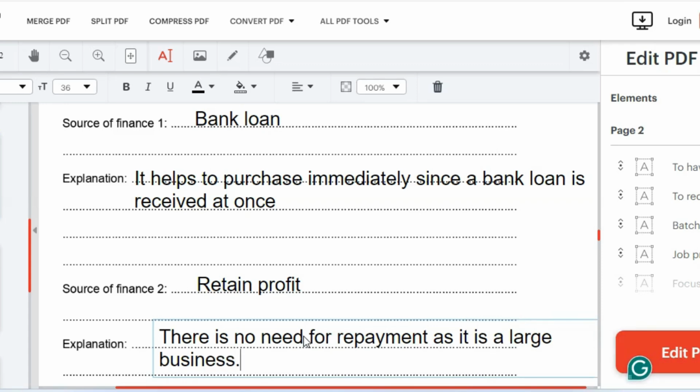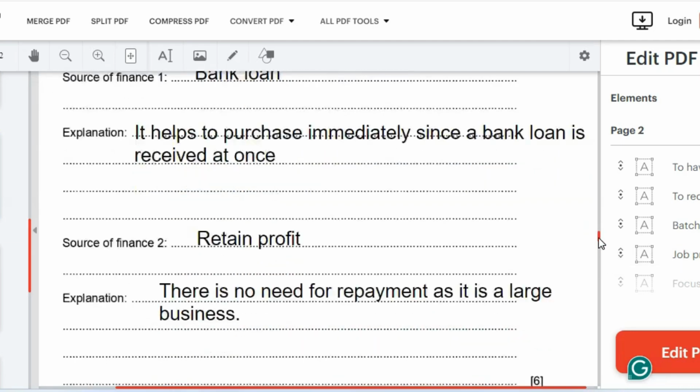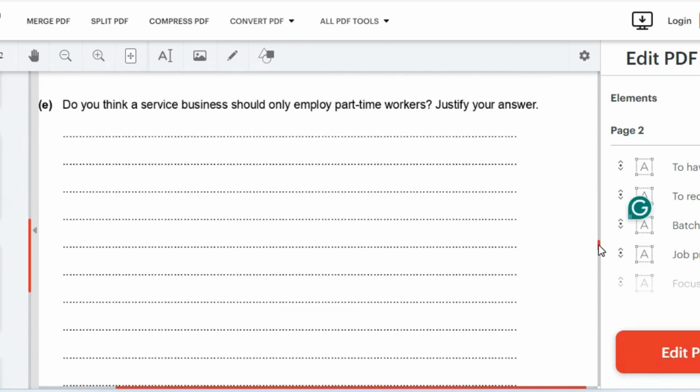Yes, there is no need for repayment. Of course, there are other ways to use apart from these two we were told to mention. We have hire purchases, also we have selling of assets, and we also have owners capital and share issues. Now let us move to the next question here.